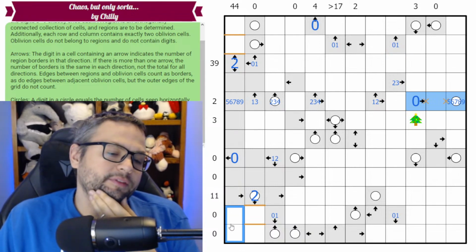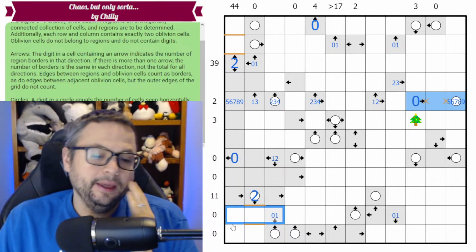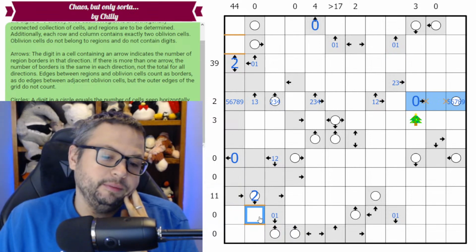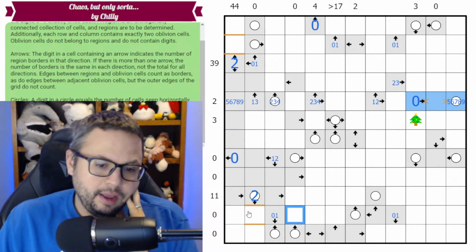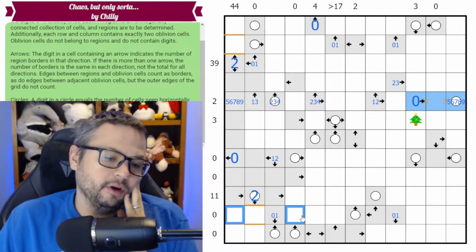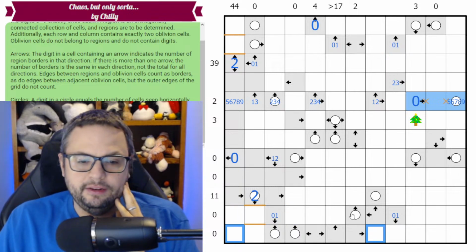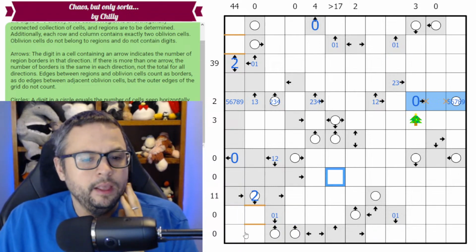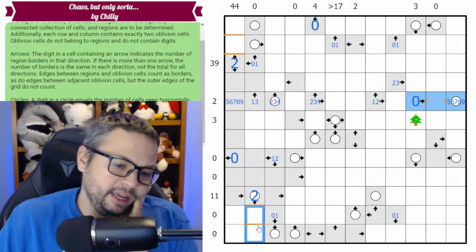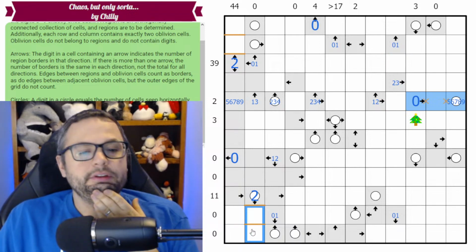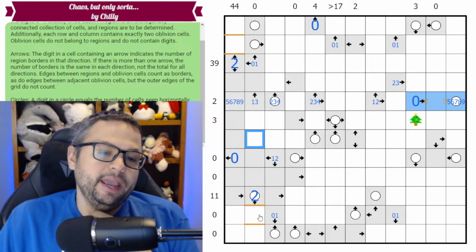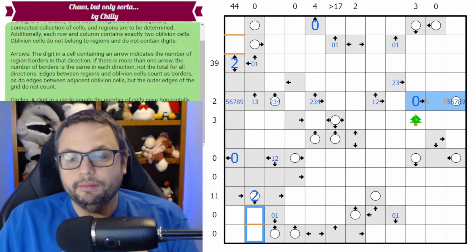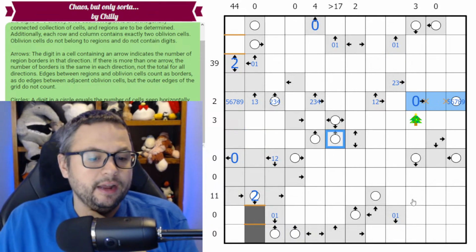So whichever of these is an Oblivion cell, I can look at the 0 in the row and see that it's going to place an Oblivion cell here or an Oblivion cell here, because otherwise I would have to make a 2-cell sum to 0, which I can't, or a 14-cell sum to 0, which I can't. And so therefore one of these is definitely an Oblivion cell. And if one of these is definitely an Oblivion cell, I can't make a 3-cell sum to 0, so these are both Oblivion. And yes, gray is not Oblivion.